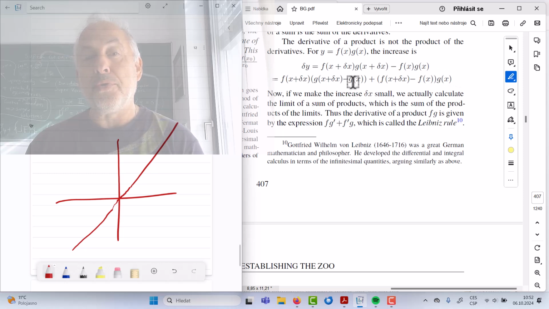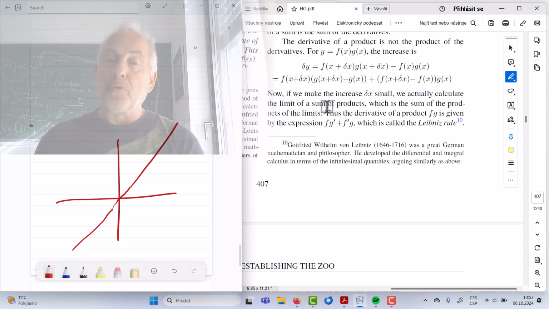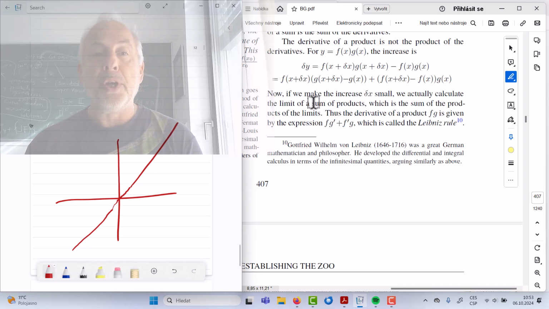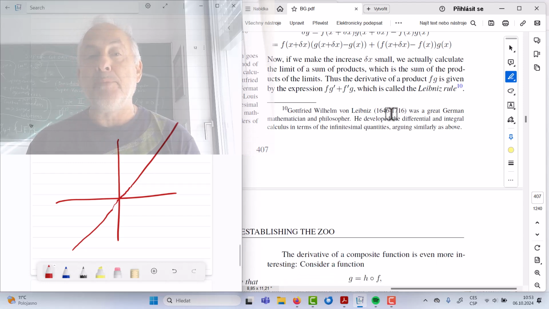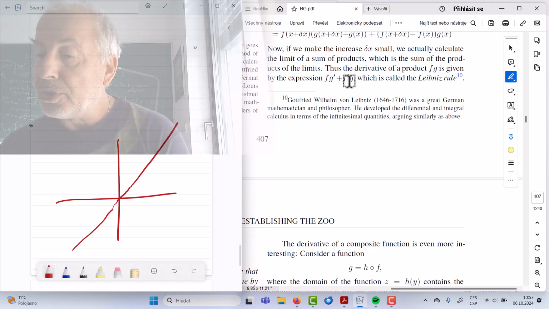So these two things cancel each other, and so you see that we already saw that if f has got a derivative, then it must be continuous in the point, and therefore this goes to f(x) if delta x goes to 0, and what we get there will be the derivative of g if we divide it by delta x, right? And here it's just g stays at the x, and this will get you the derivative. So that's the Leibniz rule. Here it is, right? So this is the Leibniz rule.